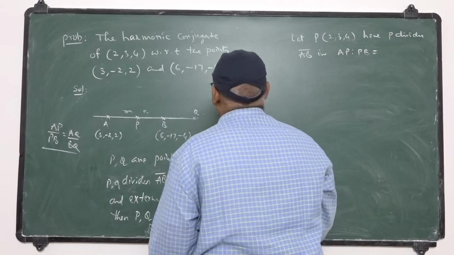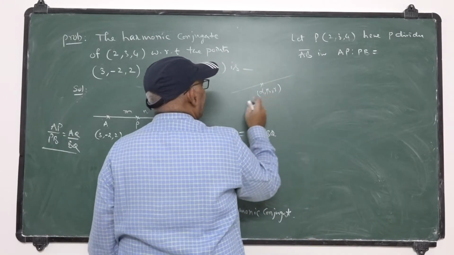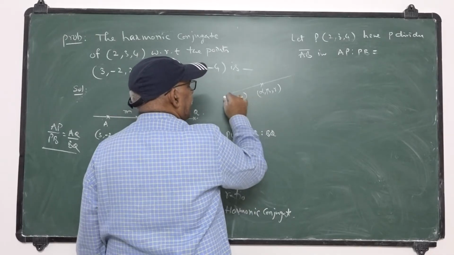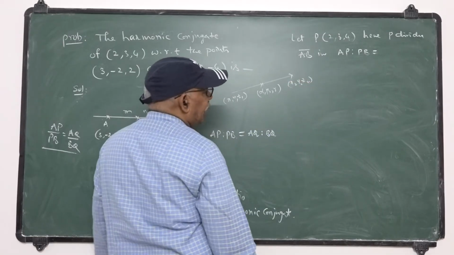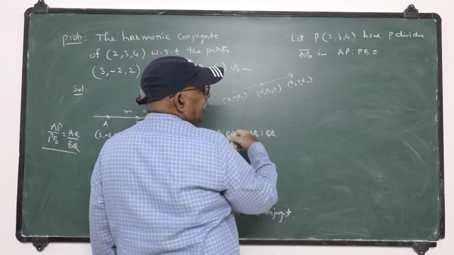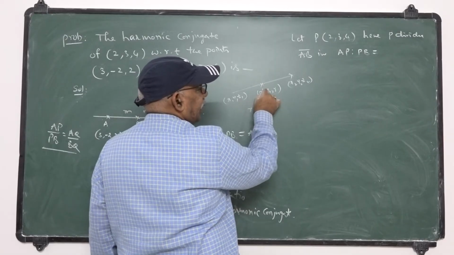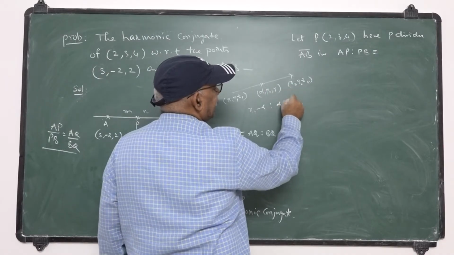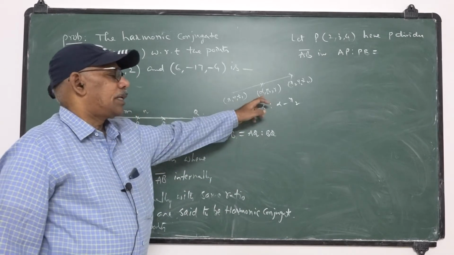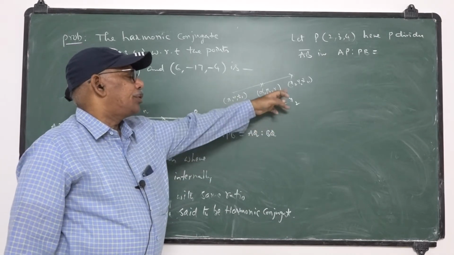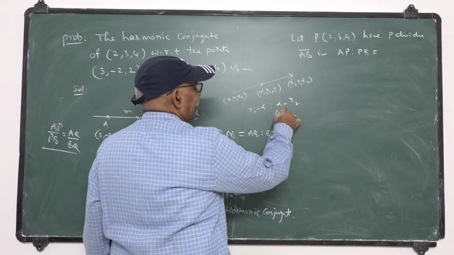That is given by: if any point (alpha, beta, gamma) divides the join of (x1, y1, z1) and (x2, y2, z2), either internally or externally, the ratio is given by (x1 minus alpha) is to (alpha minus x2), or (y1 minus beta) is to (beta minus y2). You can take like that.